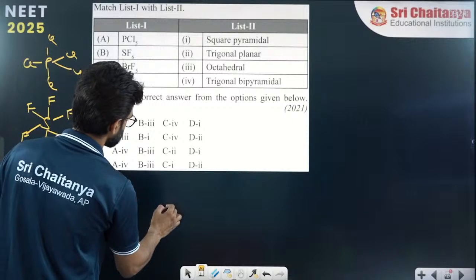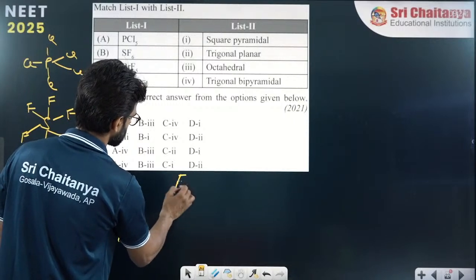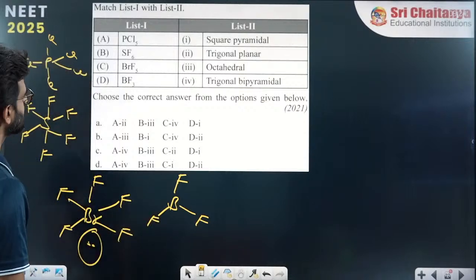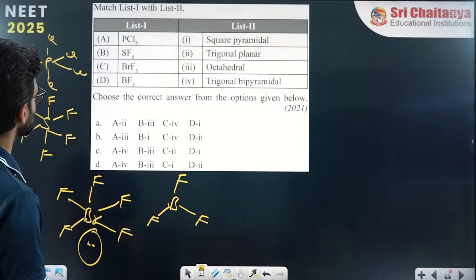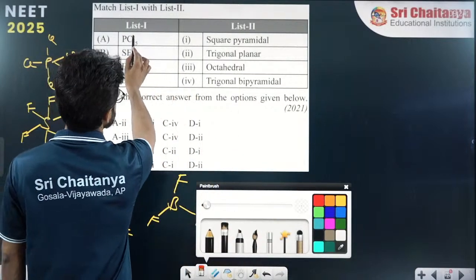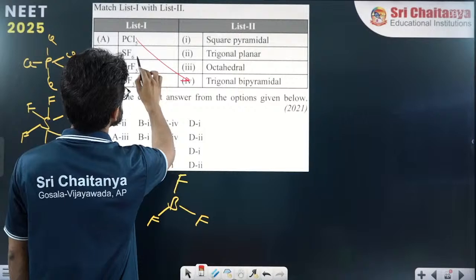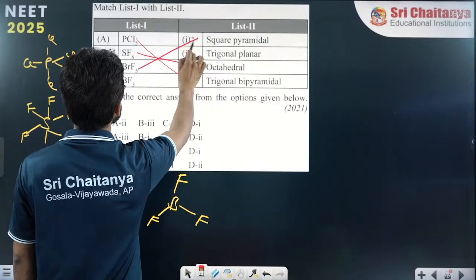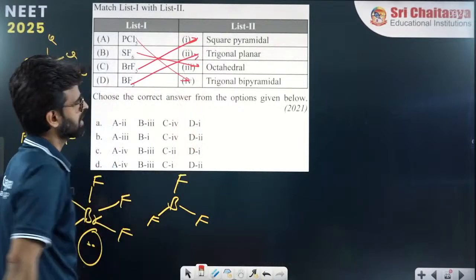And BF3 is trigonal planar with 3 bonds without lone pair, right? You can easily find it using VSEPR theory. So for the matching here, PCl5 is trigonal bipyramidal, SF6 is octahedral, BrF5 is square pyramidal, and BF3 is trigonal planar. Fine.